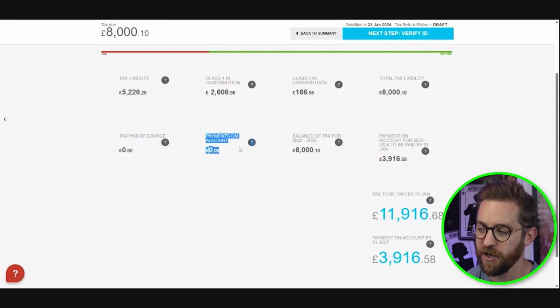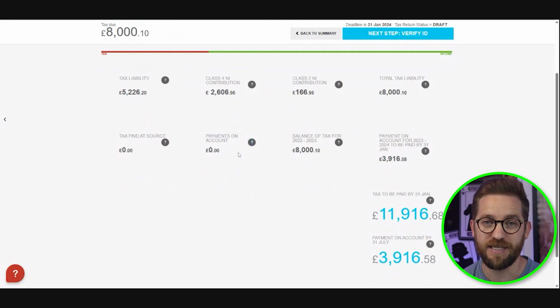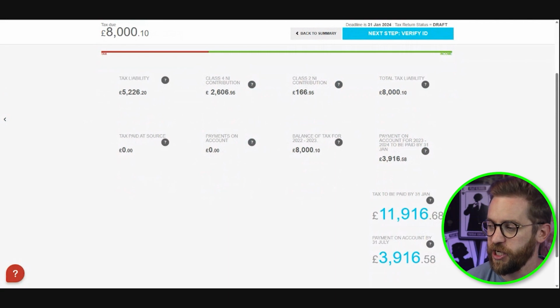They'll show as deductions from my 23-24 liability, meaning that assuming exactly the same level of income, the only amount owing next year for the 23-24 tax year would actually be my class 2 national insurance, because I would have already paid the tax liability and the class 4 national insurance. So 166.95 would be my liability next year in theory.